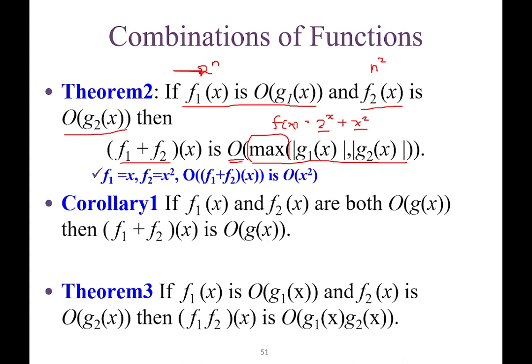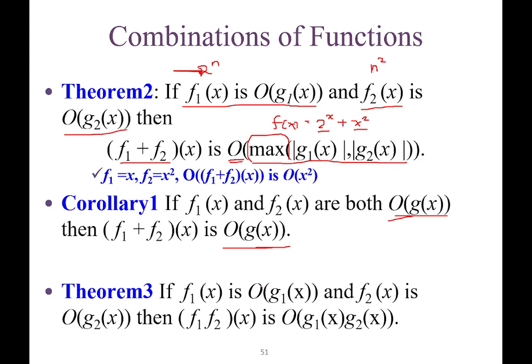Okay, corollary one is if f1 and f2 are both big O of g of x, then the combination of these functions will be big O of g of x.